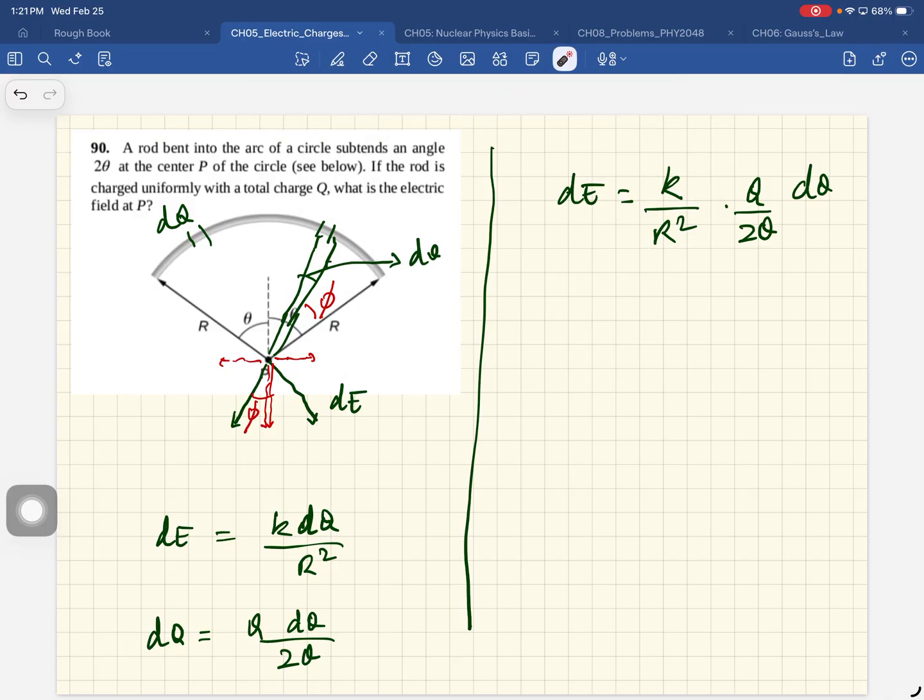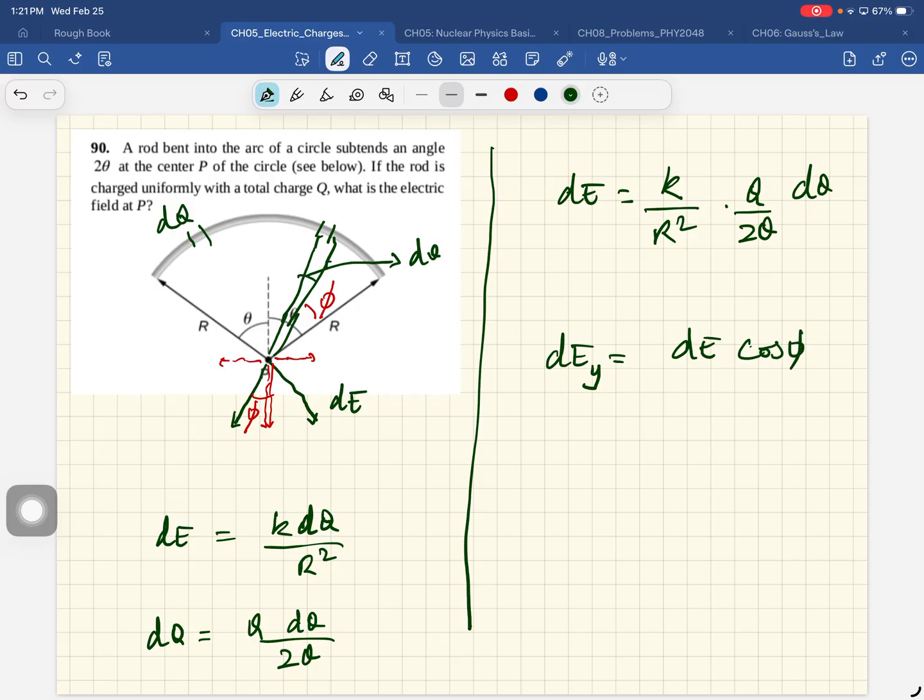And what are the limits of the integral?